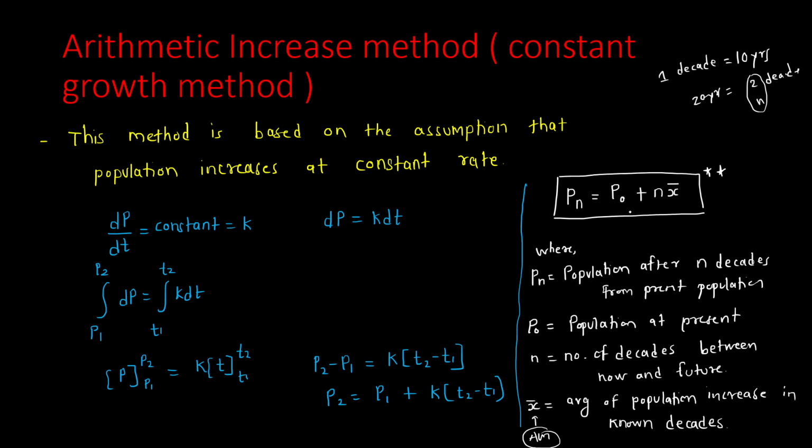So remember this formula. The main assumption while deriving it is that the population increases at what rate? It increases at a constant rate. So this point is important. Now in the next video, we will see one numerical on this, and then you will understand each and every value and how to find the future population from the previous population using the arithmetic increase method.